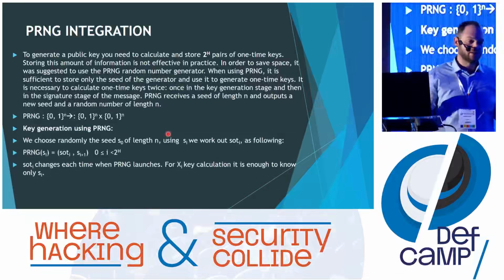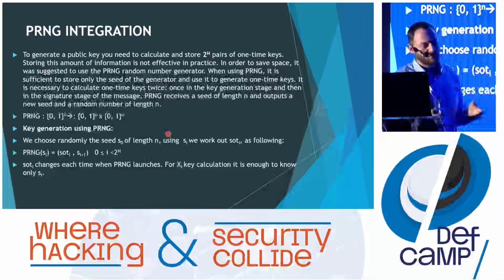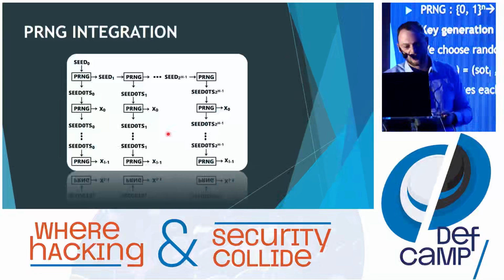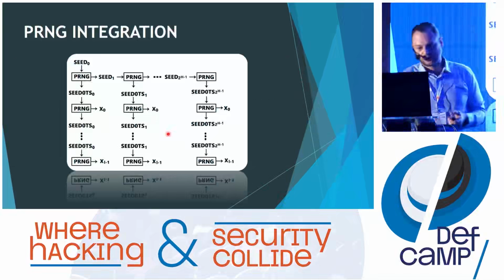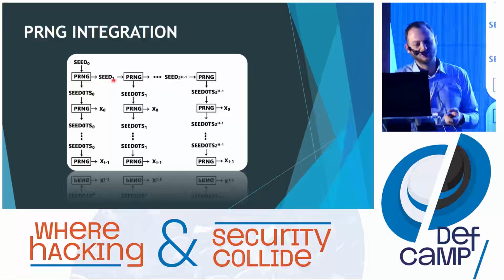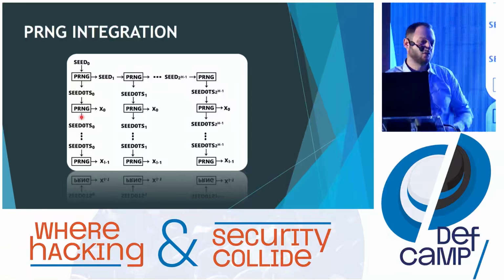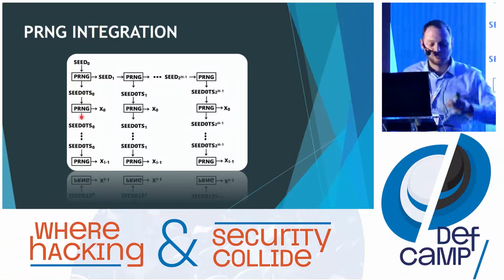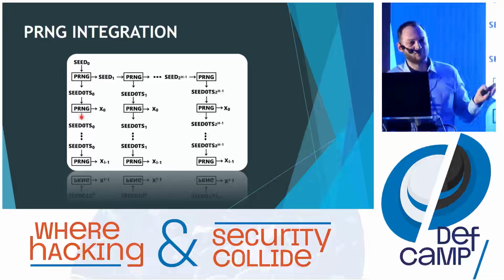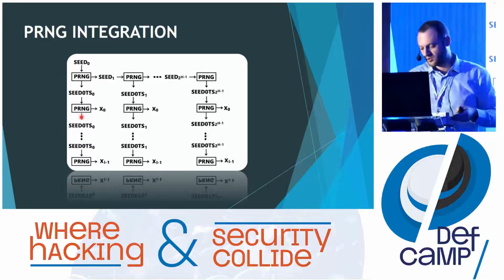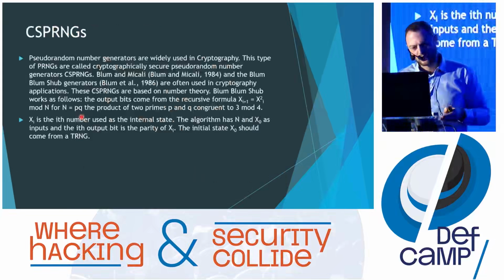It will take the seed, and by means of the seed it will generate all these signature keys. Here is how it works: we take the seed, apply it to the pseudo-random generator G, get a new seed and get a random number. And by means of this we get all these signature keys. So we use only some little seed, and afterwards get all these signature keys.